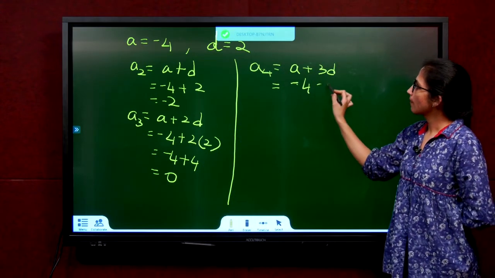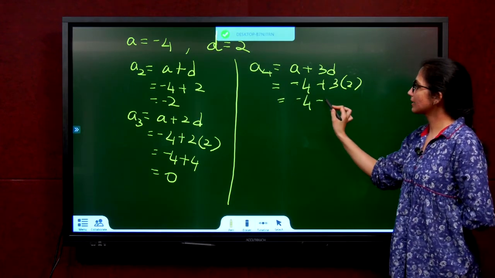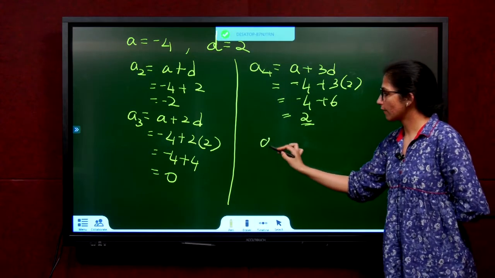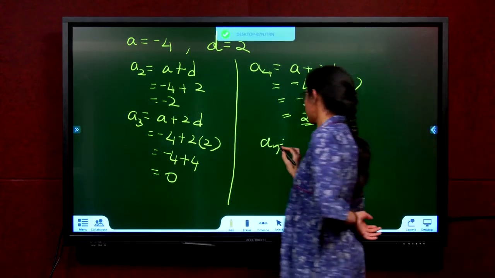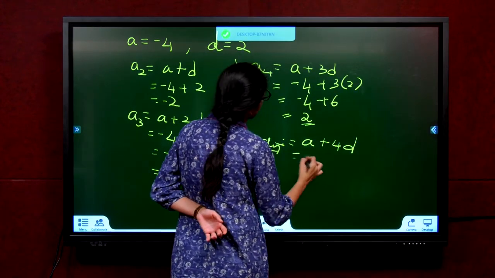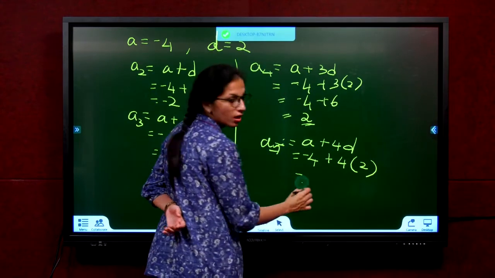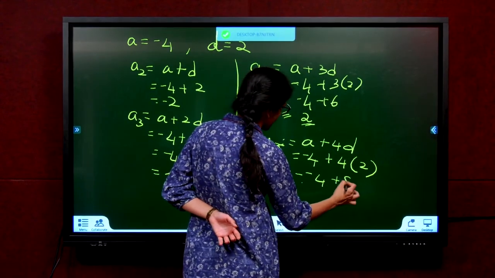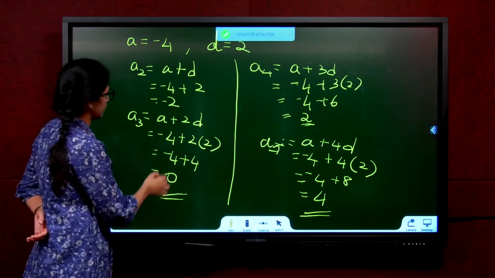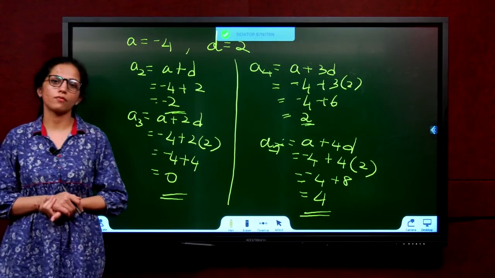Minus 4 plus 3 into 2, minus 4 plus 6, that is 2. A5, A plus 4D. A is minus 4 plus 4 into D, 2. Minus 4 plus 8, that is 4. So you have your missing terms, minus 2, 0, 2, 4.